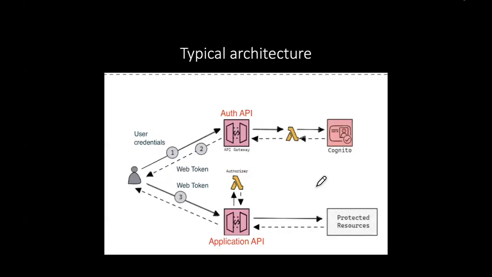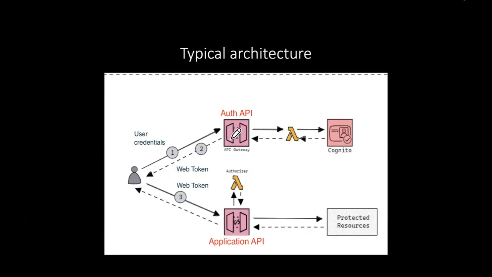This is kind of a drill down into a deeper look at it. Now, what I'm showing you here, you don't have to follow this, but it tends to be a typical design pattern that's used, whereby you actually have two API Gateway interfaces to your application.